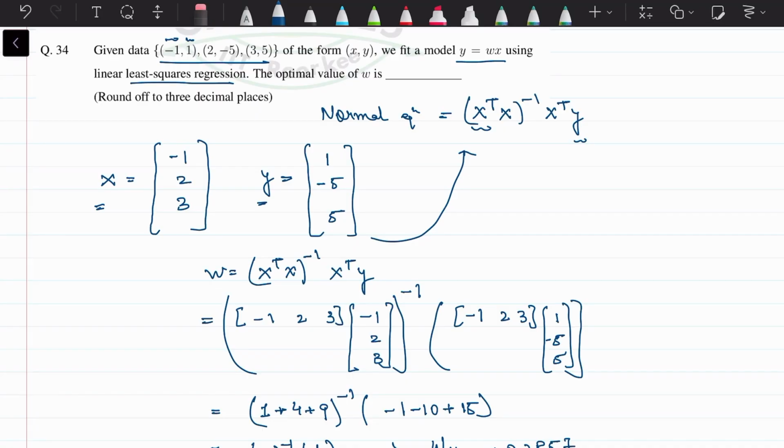So the answer to the question is 0.2857.